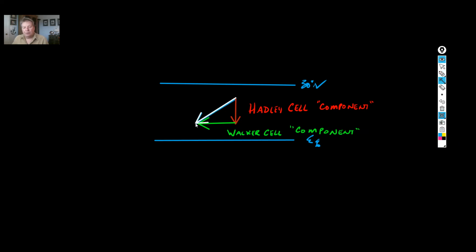During an El Nino, the Walker cell weakens and the Hadley cell strengthens. In other words, the wind becomes more like this. Does that make sense? So think about the green arrow becoming smaller and the red arrow becoming larger. So that means the wind becomes more northerly.